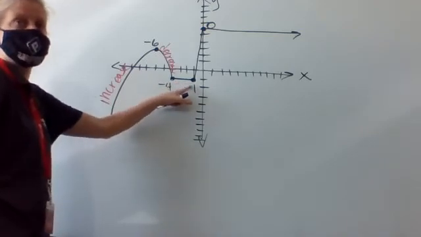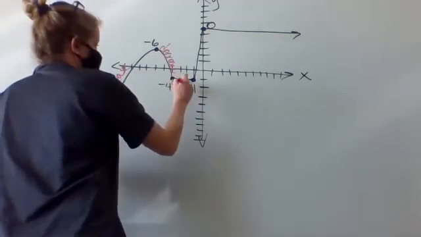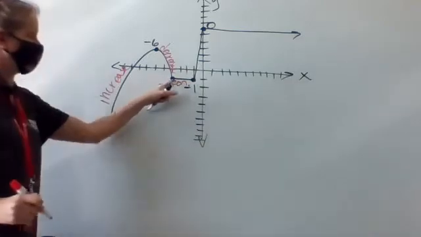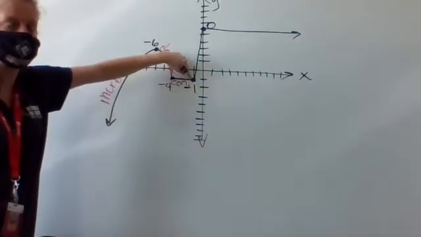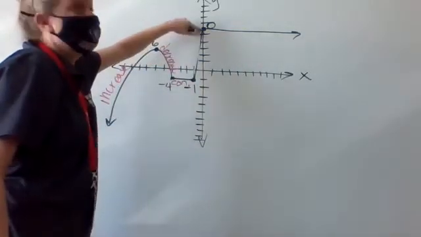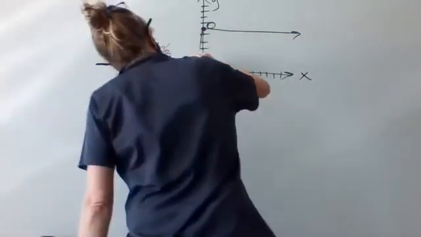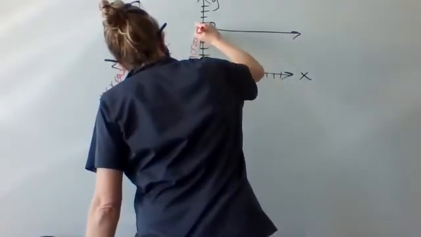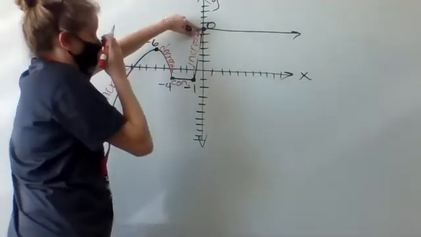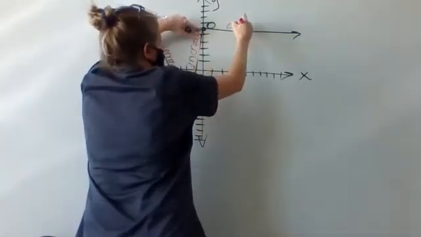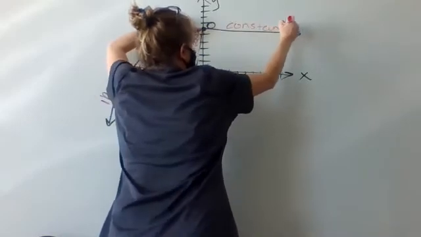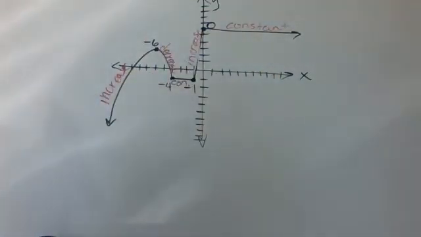It turns constant. It's constant until it gets to this point, and then it goes back up. So there's another increase. It increases all the way until it gets to this point, and then it's constant again. So there's all the different changes.